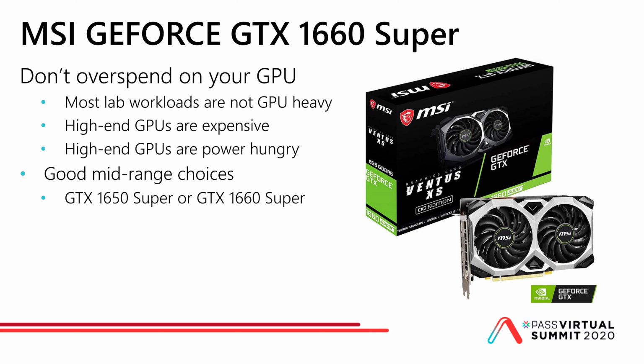A GTX 1650 Super or stepping up to a GTX 1660 Super are both good choices that are not that much money, that give you plenty of horsepower to run almost any kind of lab system. Now, one exception, if you know you're going to do things like rendering videos that actually use your GPU, then you might want to get a more expensive GPU. But if you're just running SQL Server, something like this is more than adequate for that.